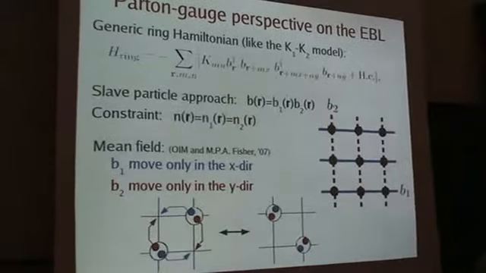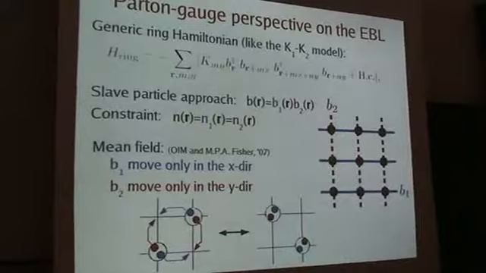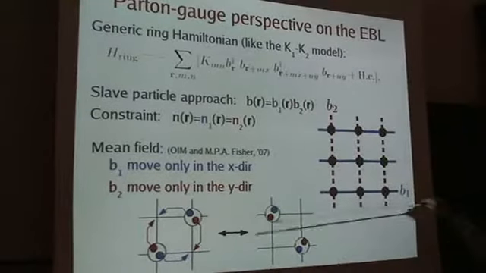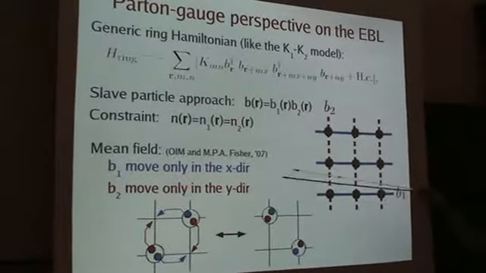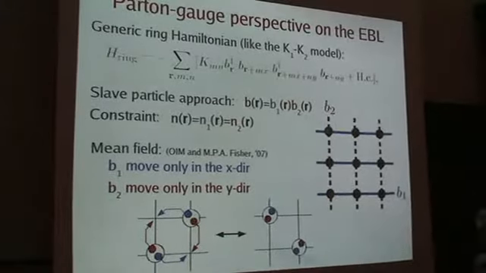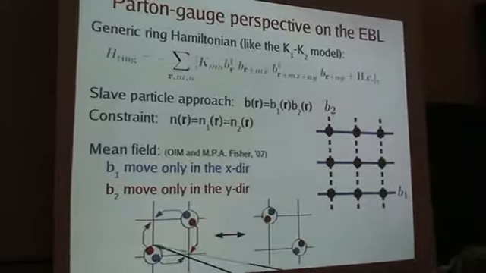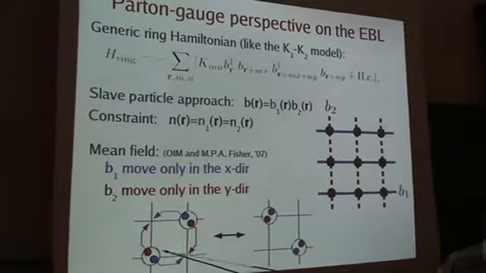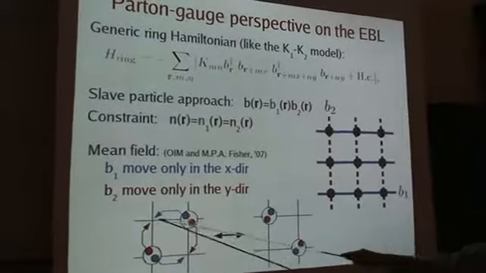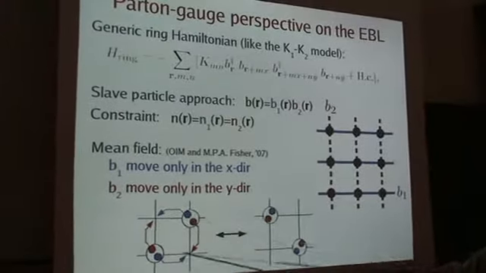And now let me impart some dynamics to these partons. The natural dynamics in this case is where B1s move only in the x direction and B2s move only in the y direction. And it's natural because in this way the individual boson cannot move, but two bosons can perform ring exchange motion by exchanging these partons like this.